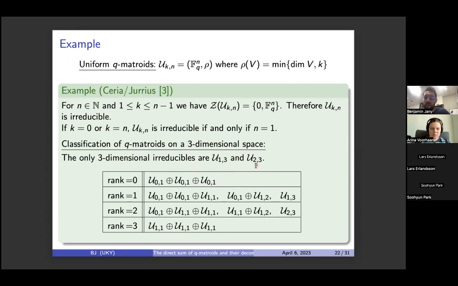Any other q-matroid defined on a three-dimensional space, we can break down into the direct sum of smaller q-matroids, and then it becomes easy to get the following characterization. This characterization was also determined by Gluesing-Luerssen and Jurrius from a different approach, not using this decomposition approach.